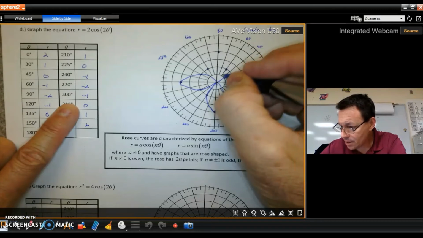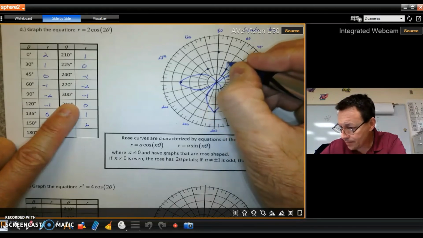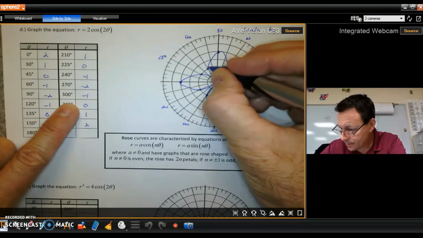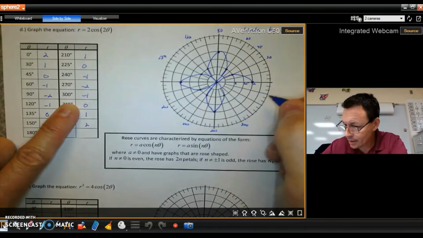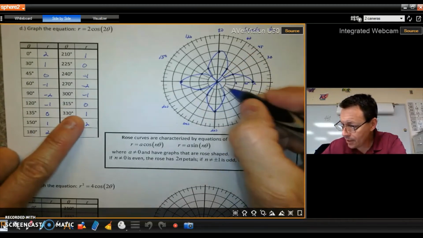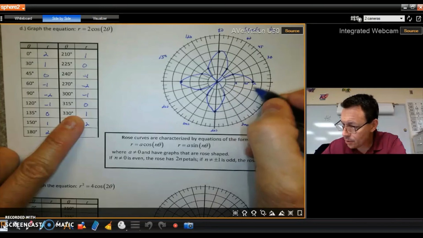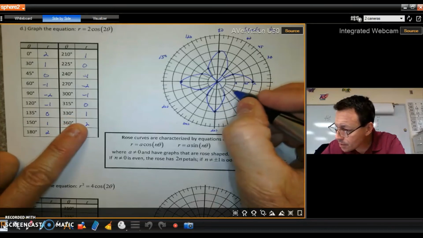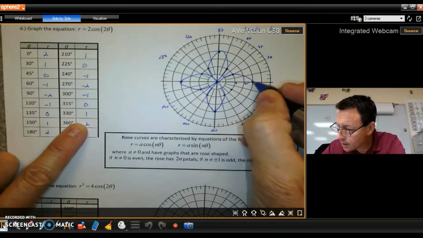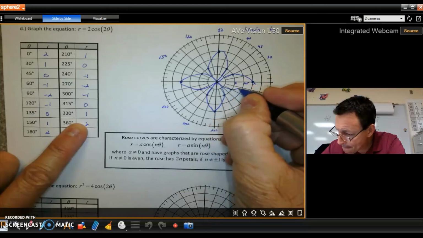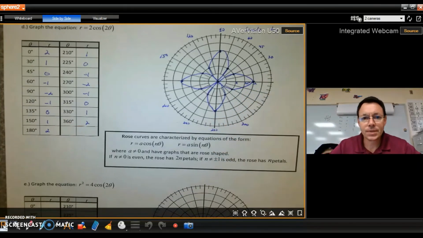It's going to head back to 0, so it's going to go up. Come back. And then we've got to finish this little branch right here. So it's going to be here and then back. And we get that. That's our shape.